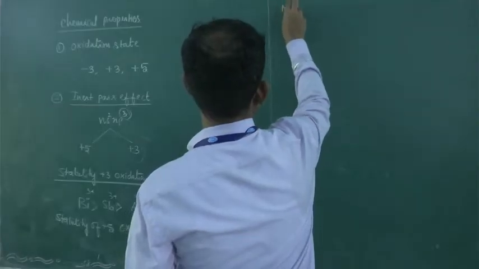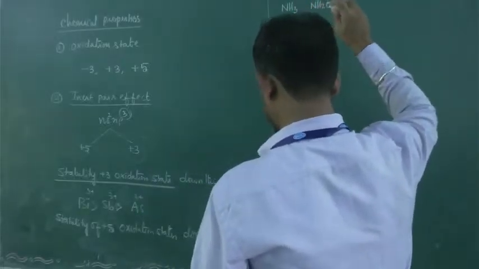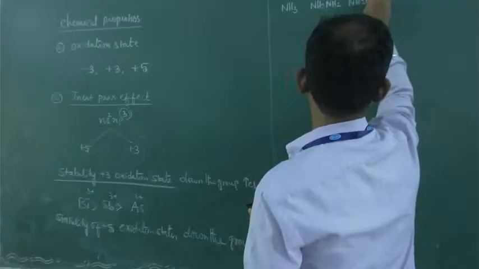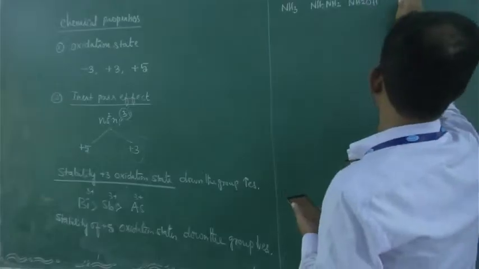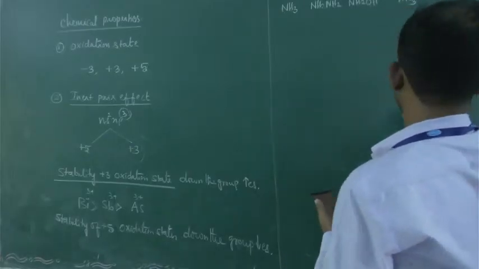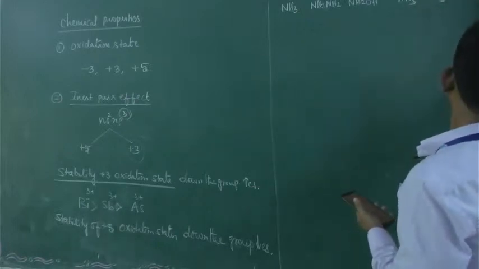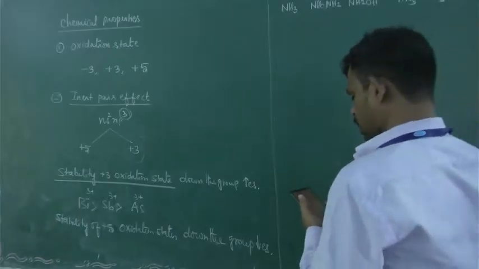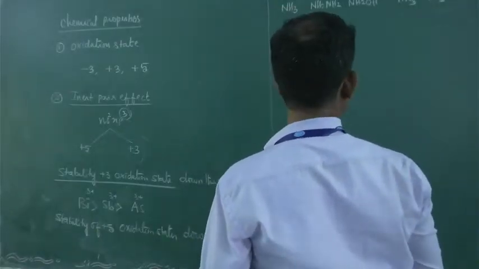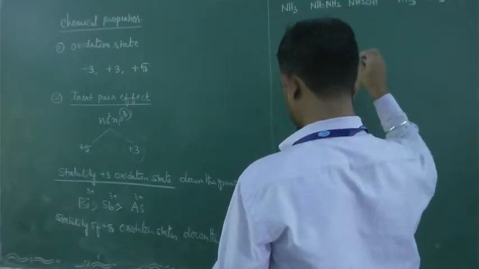For example, take NH3, NH2OH, N2H4, N2, N2O, NO, N2O3, NO2, then N2O5.